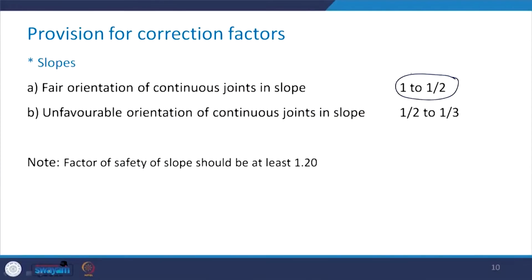So these things should be kept in mind when you have these major cavities which are present. In case of the footings on the slope, and if you have the fair orientation of continuous joints in the slope, the correction factors vary between 1 to half, and in case of the unfavorable orientation of the continuous joints in the slope, these get to half to 1 by 3.